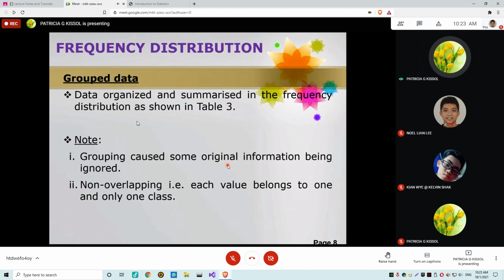So each value only belongs to one and only one class. But what happens when you have 60 and then another person with 60, another person with 60? Of course, it doesn't overlap in terms of classes. But in terms of the data, it could be repeated data and we're not able to identify that.